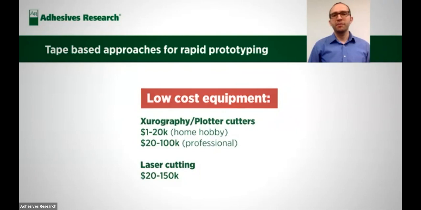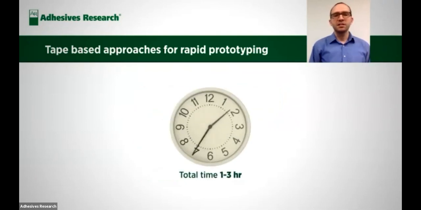And I think an even better advantage is the total time spent between designing the AutoCAD file to producing your microfluidic device and disinfecting it is a total of 1 to 3 hours, which is substantially lower than what is required to access the microfabrication facilities and produce the full device through soft lithography.